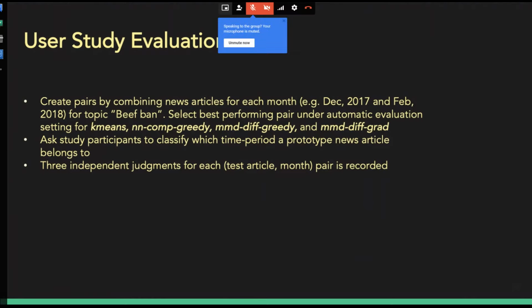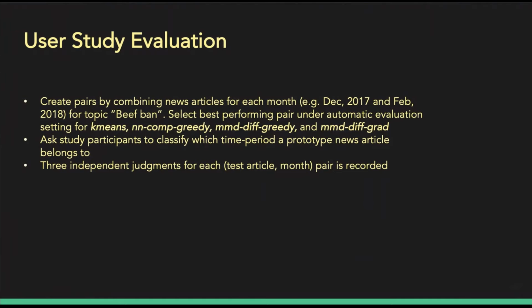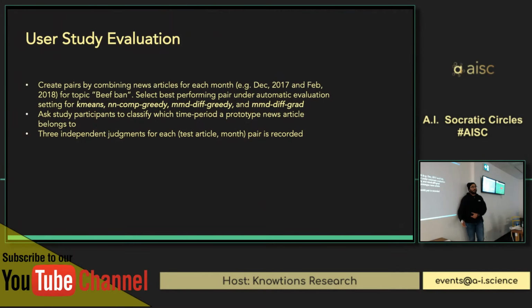So what they did was they divided the data set by month and created combinations like pairs of each. December of 2017 and February of 2018 is one pair. And they did the automatic evaluation as defined in the previous section for all of these different pairs of time-based splits that they created.